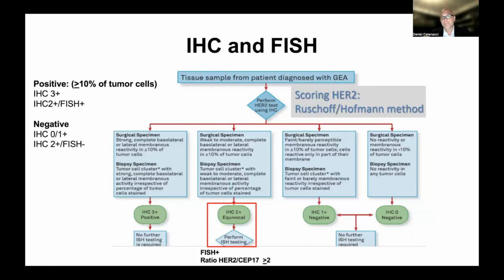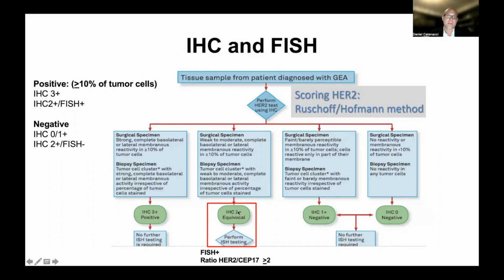And so putting the immunohistochemistry and FISH together in routine practice, this is how the pathologist proceeds: they stain the sample, and if there is really strong expression, 3+ expression in at least 10% of the cells, then it's positive and we move on. If, on the other hand, there's no staining or very weak staining, a 1+ score in 10% or more of the cells, then this is considered negative and no further testing.